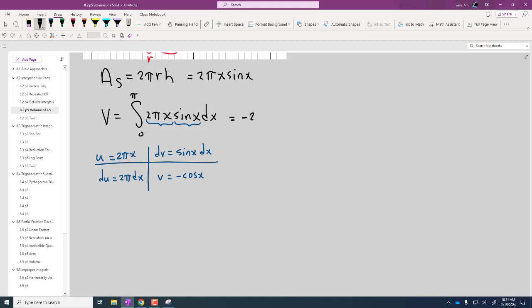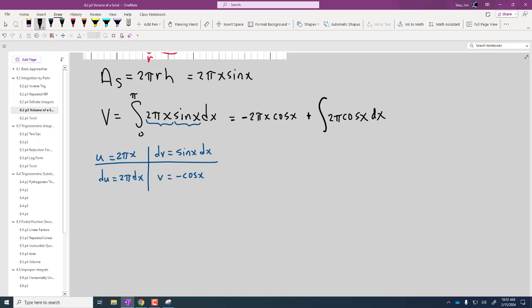So we're going to get negative 2 pi x cosine x. There's uv. So uv minus the integral of v du. But notice that v du is negative, so we're going to get plus the integral of 2 pi cosine x.